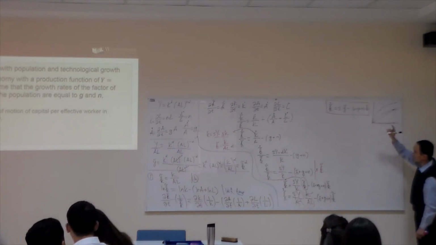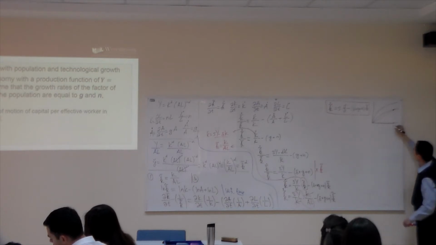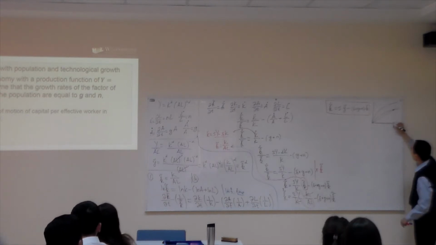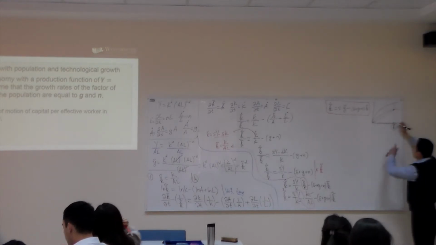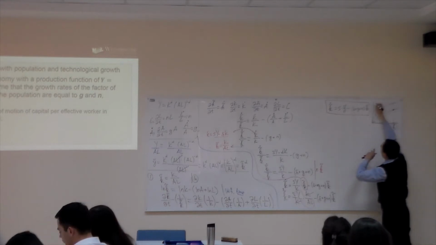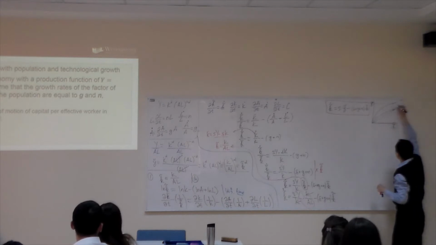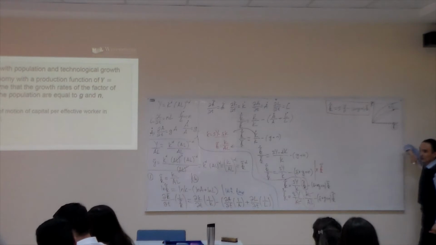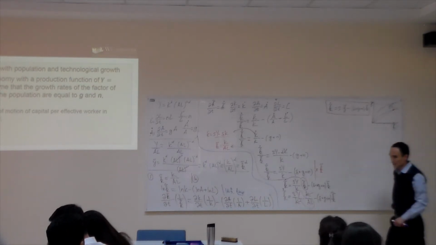And we said that this economy, with population and technology growing, will reach the steady state level, where our capital per effective labor will reach that steady state level. And if capital reaches the steady state level, our output per effective labor is going to reach the steady state level. And at this point we have consumption per effective labor in the steady state level, right? Okay.